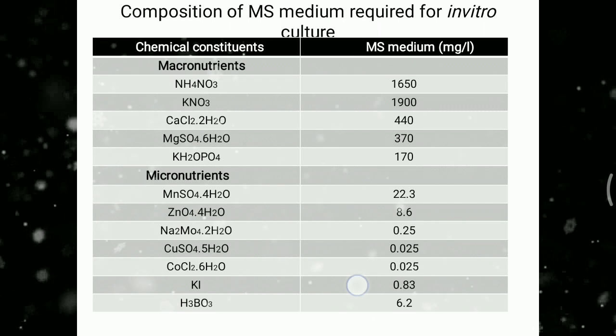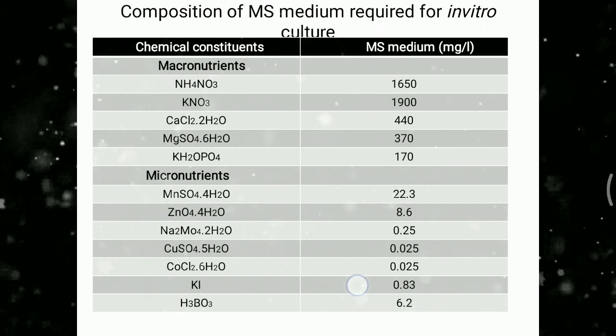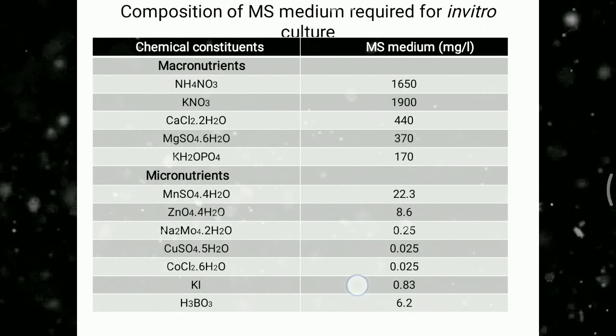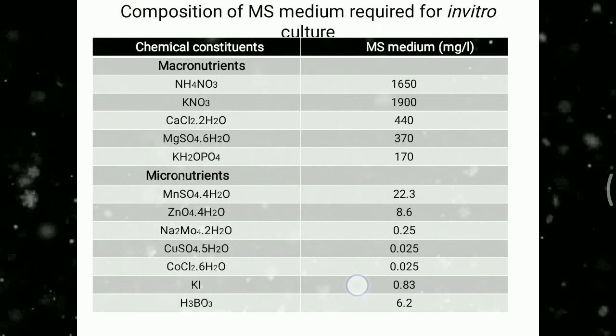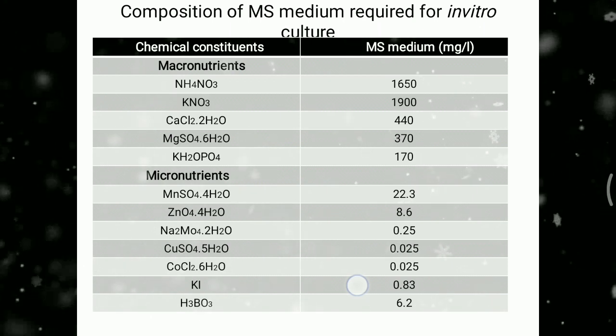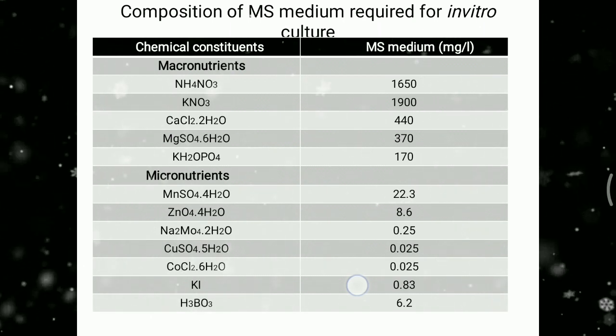Now the composition of MS medium required for in vitro culture. Here the left side shows the chemical constituent and the right side indicates the amount of the constituent.